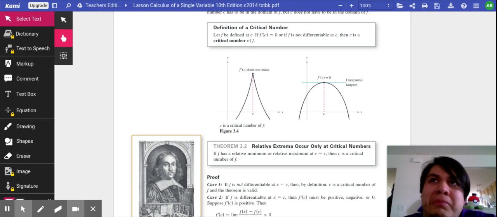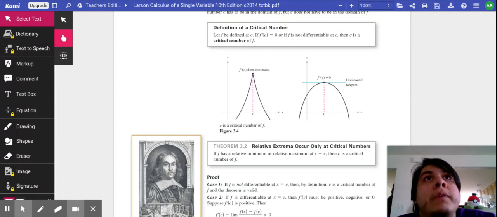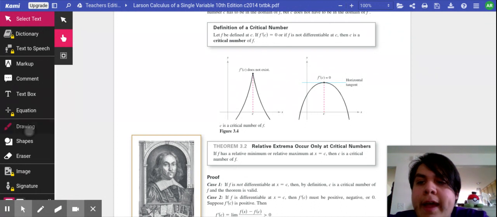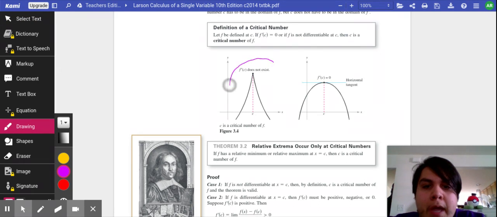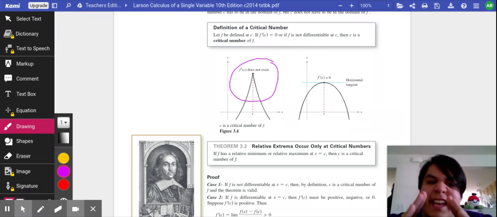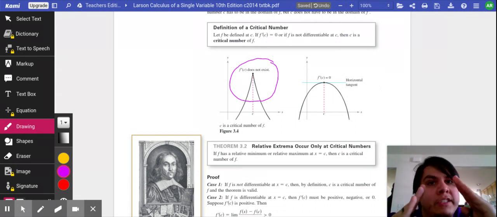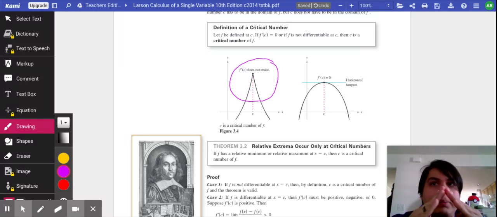So maybe like end of February, we were talking about differentiability. And the basic idea was just this. Wherever you have a horizontal asymptote, a non-removable discontinuity, or where you have a cusp in your graph, something like this in figure 3.4, I would call that a cusp, because notice how it's like that sharp turn, where the limit exists, but if I talk about the slopes coming in from the left and the right, the slopes are definitely not going to be the same when we get to c.